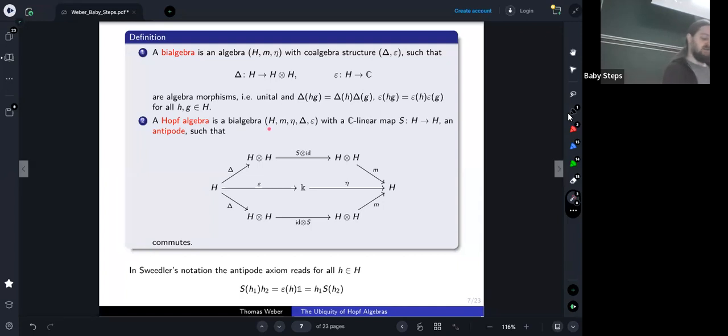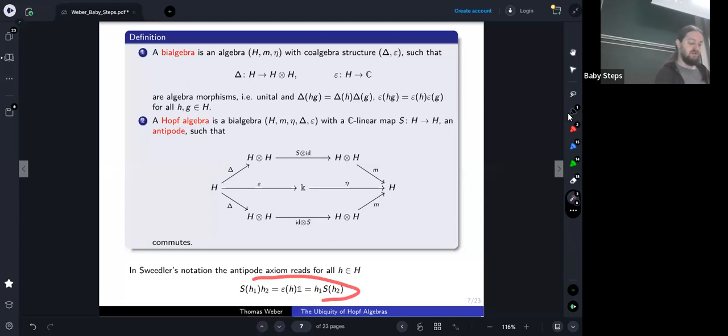We have a product, we have a unit, we have a co-product, we have a co-unit, so that this is a bialgebra. And we have a special map S, which we call an antipode, such that this diagram here is satisfied. This looks very scary, but it's in fact very simple, because if we use Sweedler's notation, we can write this diagram simply in this way.